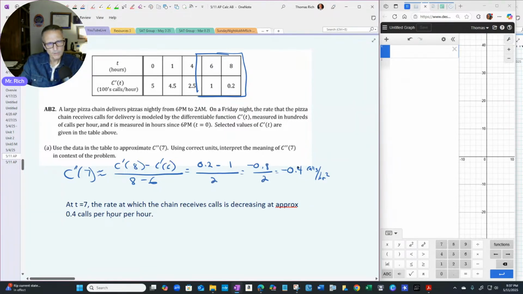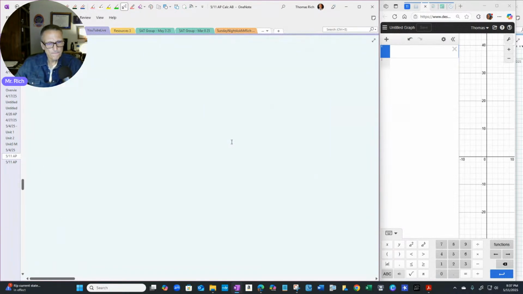So we could call this negative 40 calls per hour, because it's hundreds of calls per hour. So over here we would say it is decreasing at approximately 40 calls per hour because it's in hundreds of calls.